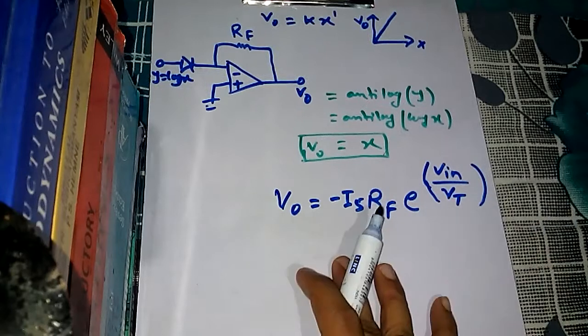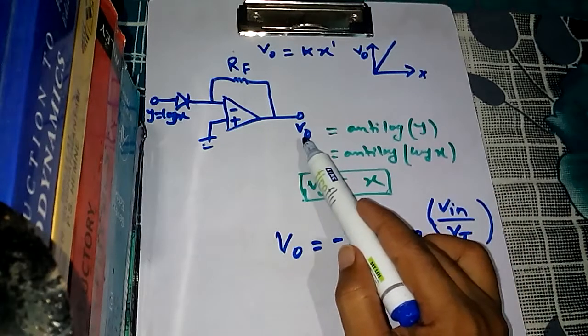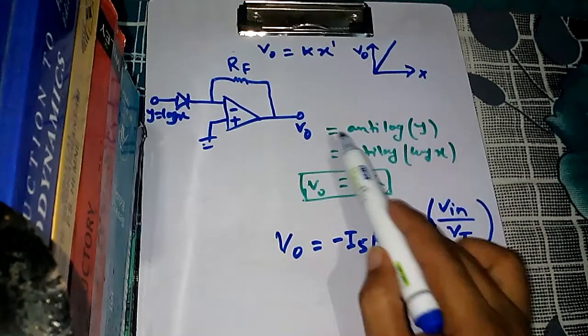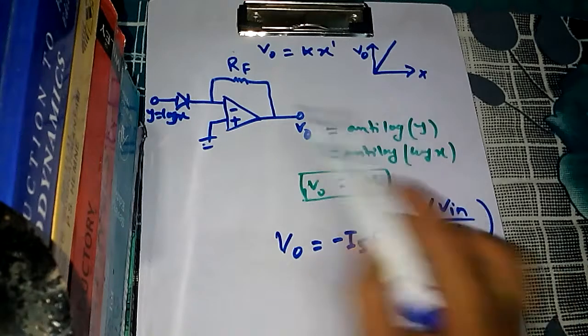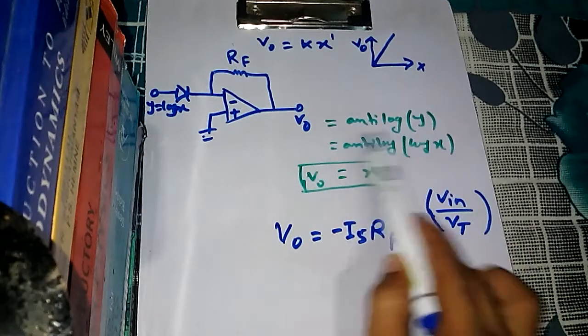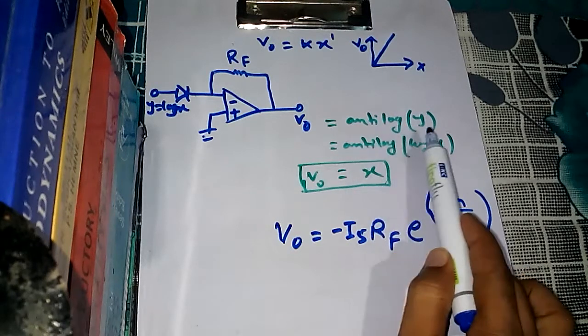Now one may ask that here I have done the V output as the anti-log of input. This is just the basic operation. This suggests this kind of operation, but this is not the standard output formula.